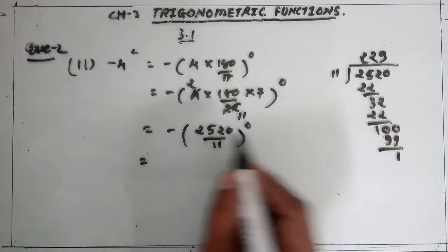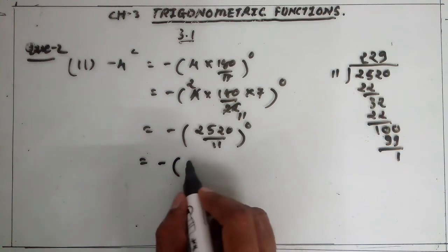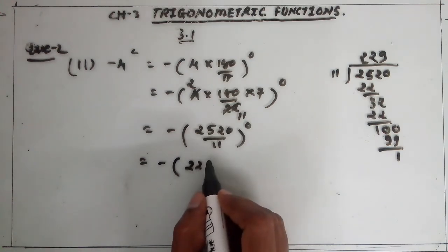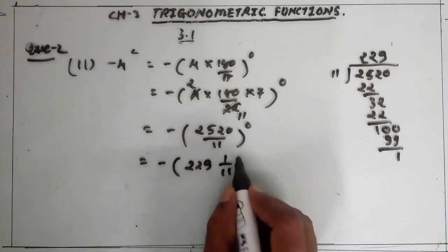So we change this into mixed form. 229 and 1 upon 11 degree.